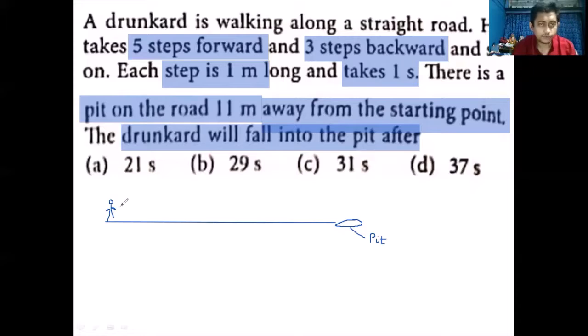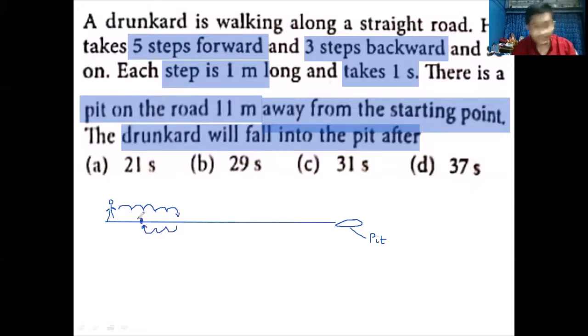The drunkard moves 5 steps forward like this, and then he moves 3 steps backward. So he comes 5 steps forward and goes back 1, 2, 3 steps.